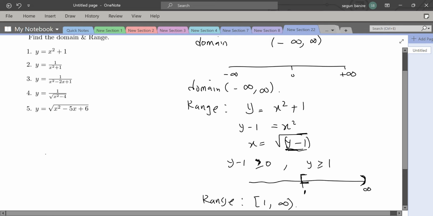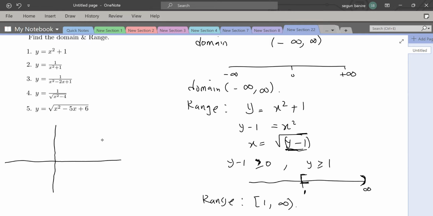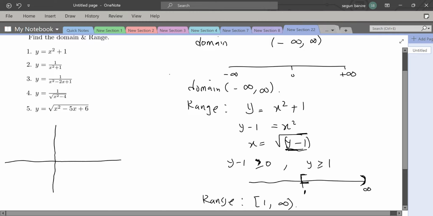Alright, we can also look at it using the graph. I also promised to use a graph to explain it in this video. If you use the graph to look at question 1, we have s squared plus 1. First of all, this is a squared function, a quadratic equation. If you are dealing with y is equal to x squared, the graph is like this, with its turning point at the origin.